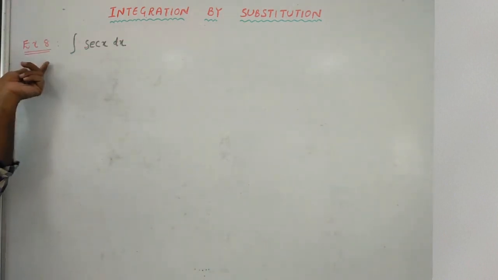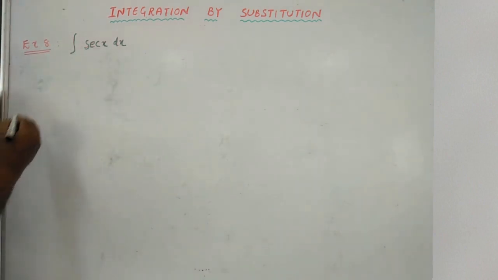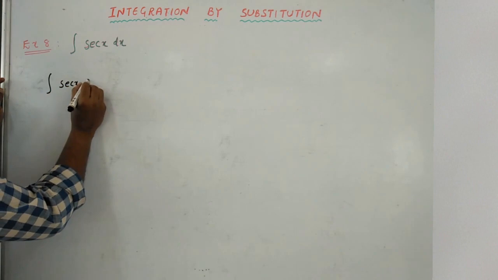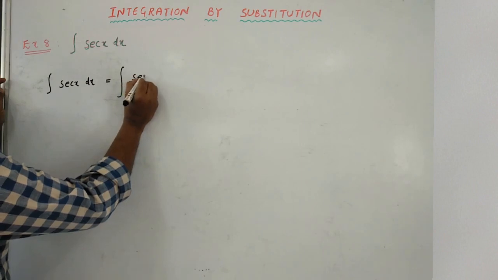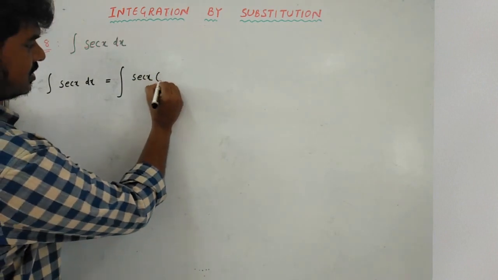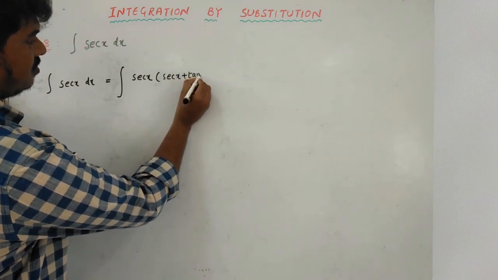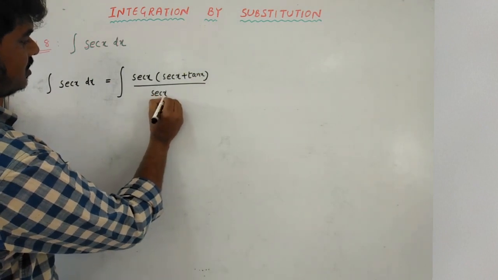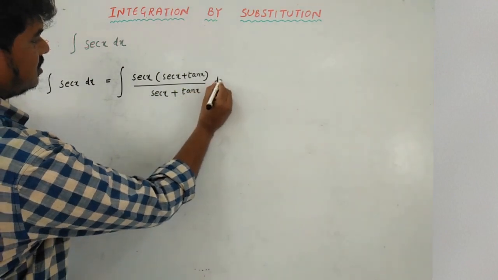Example 8: what is the integral of secant x dx? This is equal to the integral of secant x, just multiply and divide by secant x plus tan x, dx.